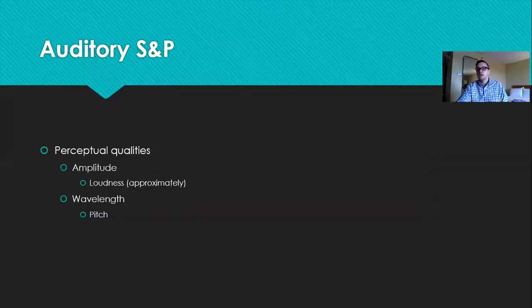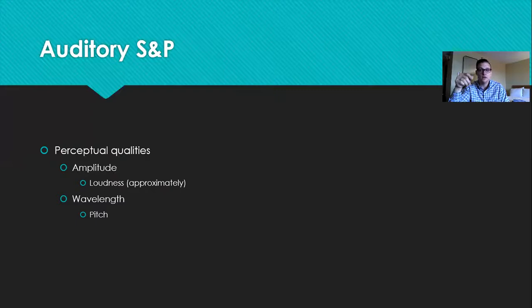Now, both of these physical qualities, amplitude of the sine wave and wavelength of the sine wave, correspond approximately to perceptual qualities of the sound. Specifically, amplitude: how compressed and how spread out the air molecules are roughly corresponds to how loud we perceive the sound to be.